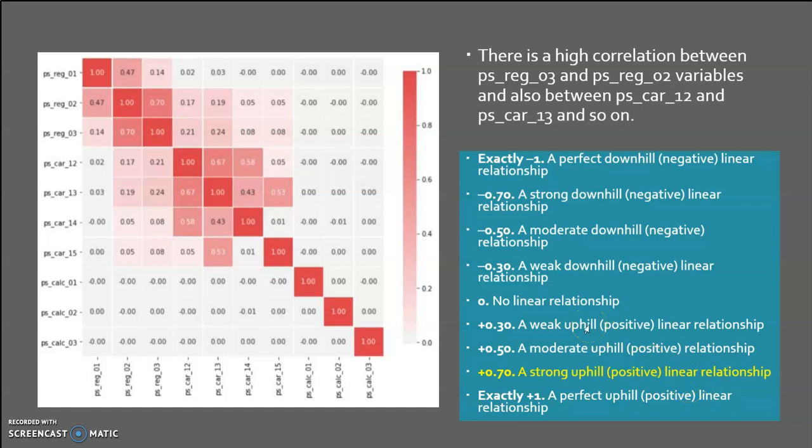So the stronger the correlation, it means that you can remove one of the attributes.